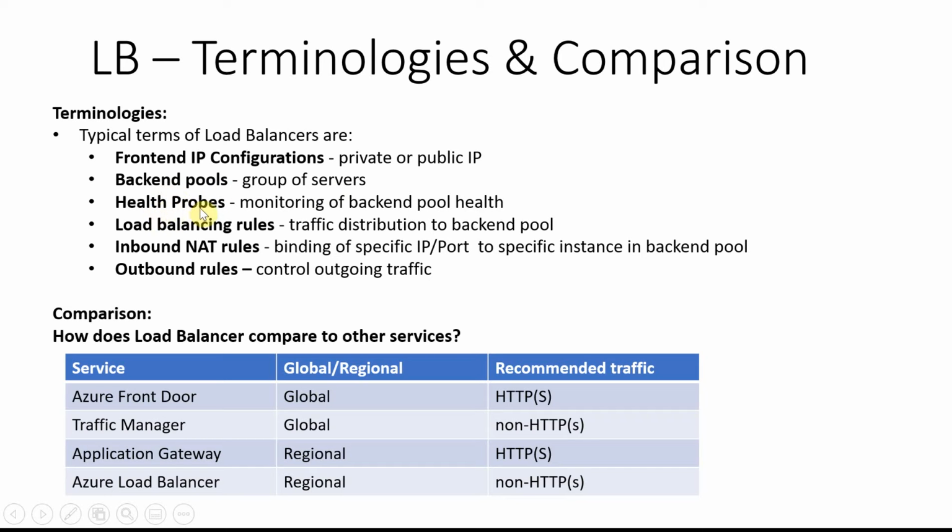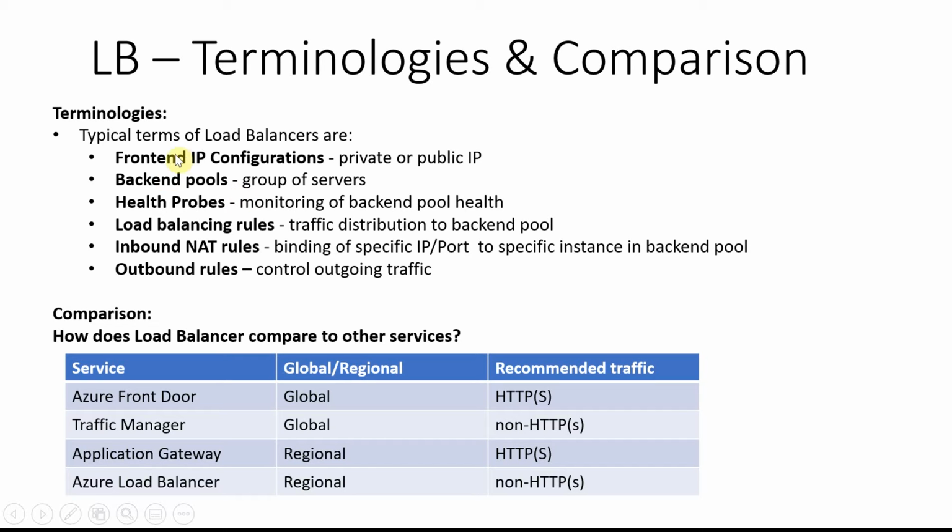And health probes are primarily to monitor the health of the VMs. Let's say there are three VMs, the load balancer should continuously monitor via health probe the VMs and see whether any VM is not performing well, or it is switched off, or any VM is having high CPU or high resources.